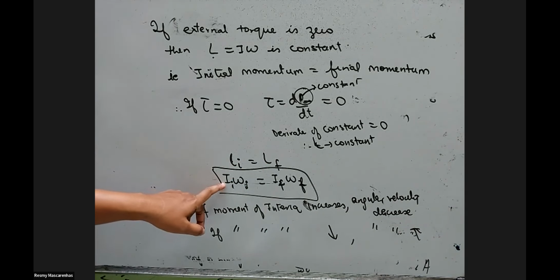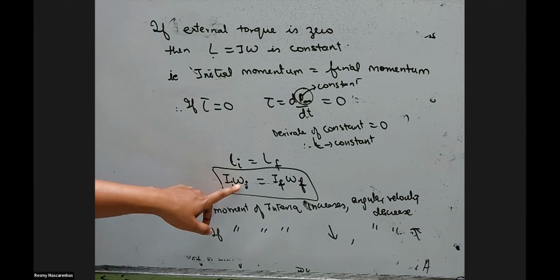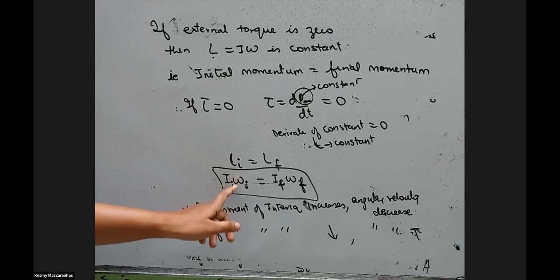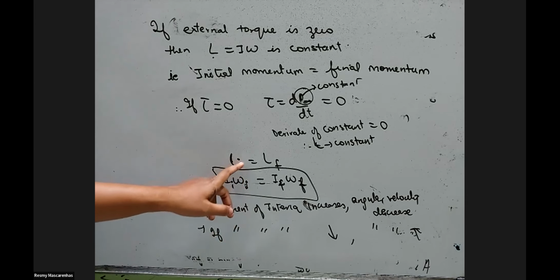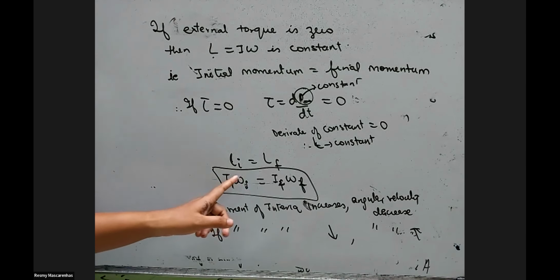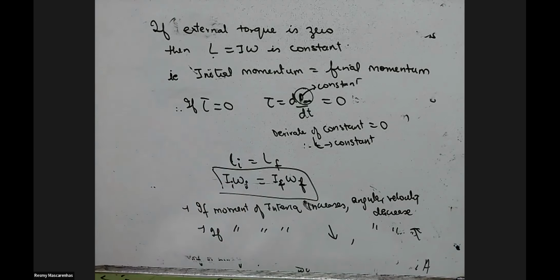Then 2 into 5 will not give me 20, it will give me 10, but I want to keep it fixed at 20. So if this becomes 2, the angular velocity should automatically increase to 10, so 2 into 10 gives me 20. So in order to maintain a constant number, if one increases, the other should decrease. This is the logic.